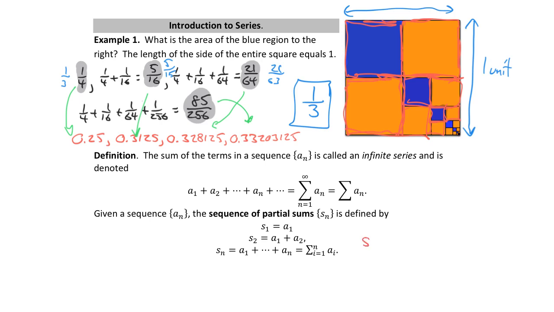So s sub 5 would be the sum of the first 5 terms. Okay, up here, our sums, the first one was a1 or s1. This is s2, s3, and s4 because we added 4 terms to get there.